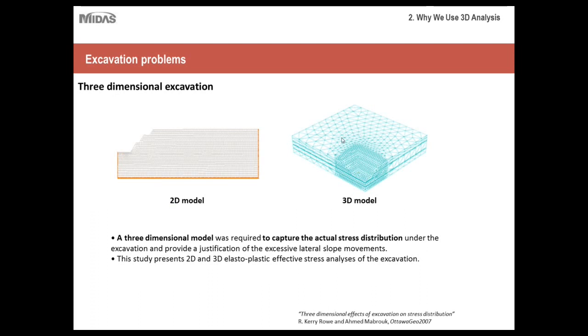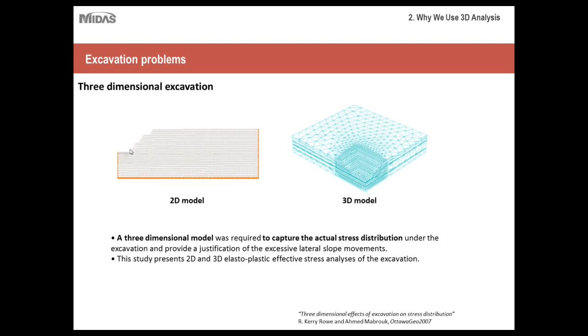Okay, and here's another example of 2D versus 3D analysis, this time for an excavation type project. As you can see, with a 2D model, you're only able to account for the geometry in this plane, whereas with a 3D model, you're able to get the geometry in all 3 dimensions, so you're able to account for this cornering effect here. What will happen is, because there's a corner here, this corner will receive greater strain, but also it'll reduce the amount of deformation and displacement in this general area.